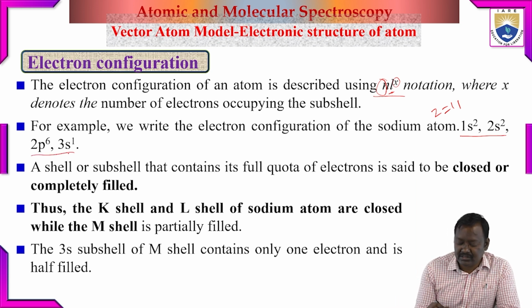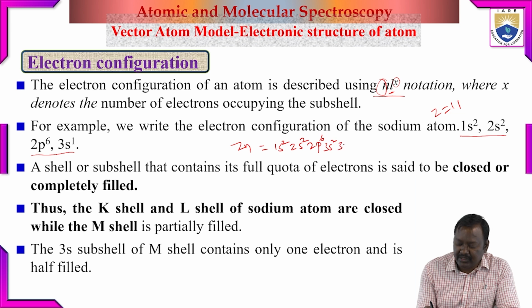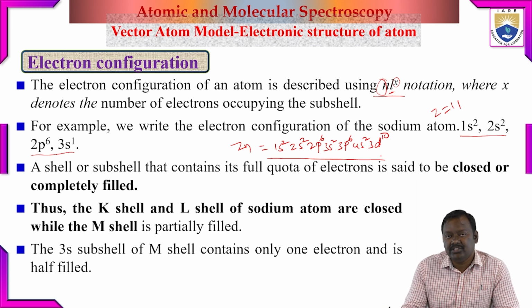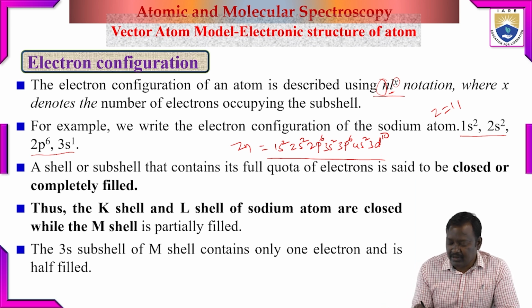We can also see zinc. Zinc electronic configuration 1s2, 2s2, 2p6, 3s2, 3p6, 4s2, 3d10. So this is the electronic configuration of the zinc atom. The total number of electrons in the zinc atom is 30.